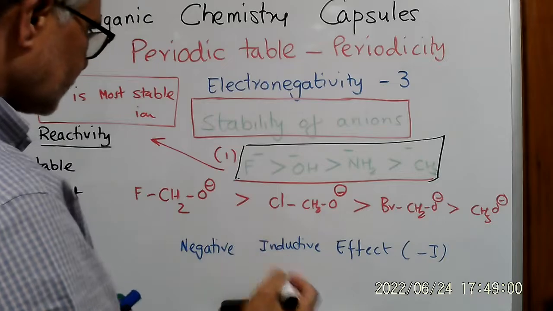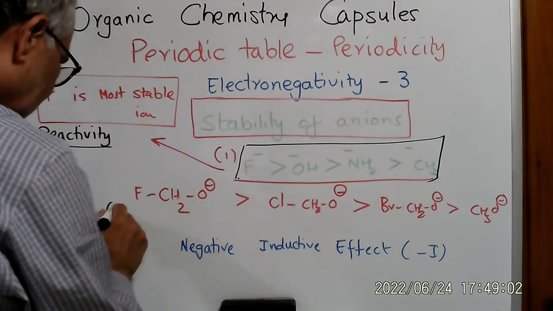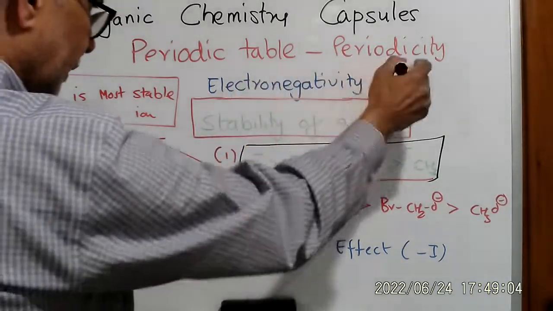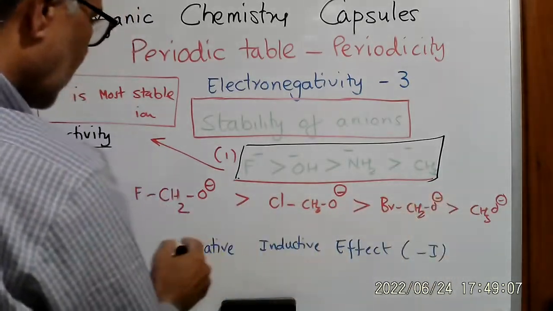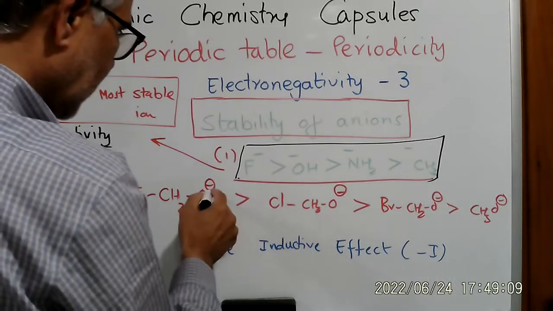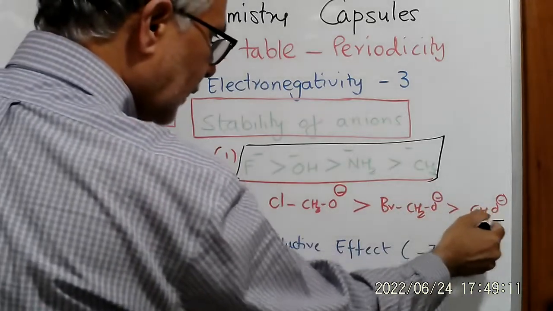Now, another example we have seen in the previous video, electronegativity 2, is this order here, and in this one, the negative charge is on the oxygen atom in all cases.